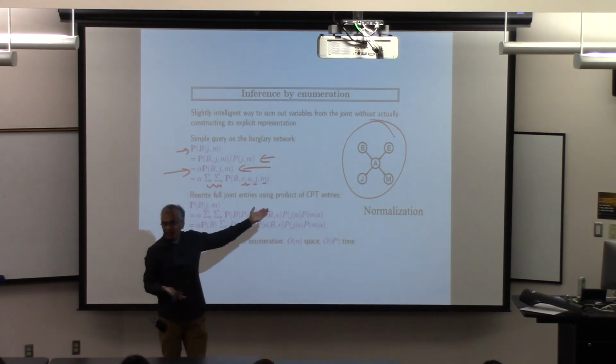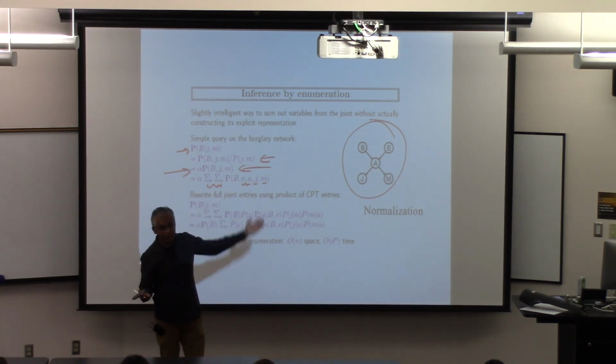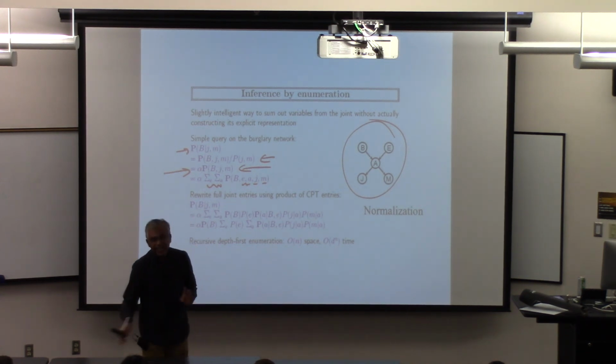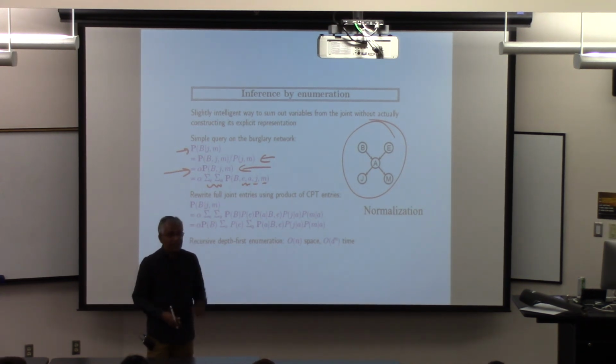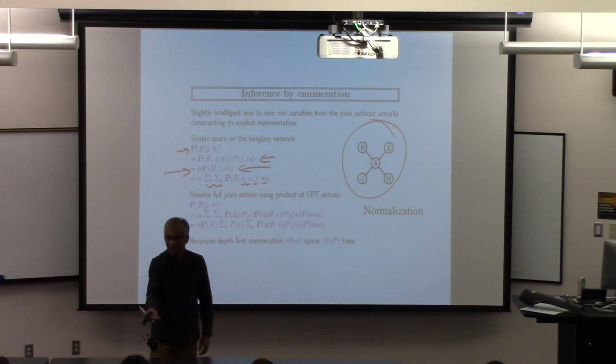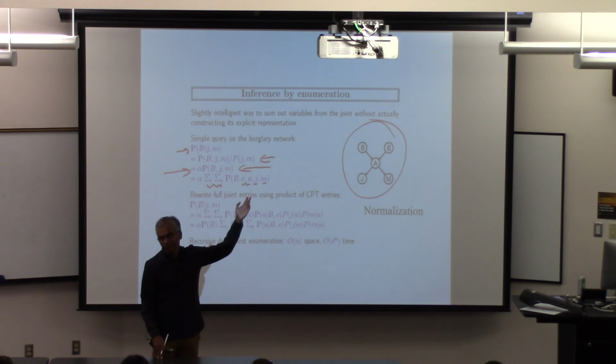I just basically got you up to this point by saying this is how you compute any joint distribution. If you don't know anything else from Bayes networks, if I give you a Bayes network and ask you what is the joint distribution entry for one particular joint distribution entry, if you don't know how to compute this, you're basically sunk. But the moment you can do that, you know how to solve anything.